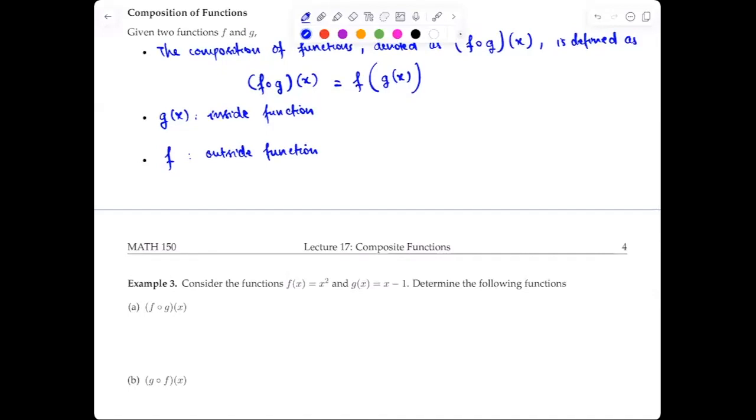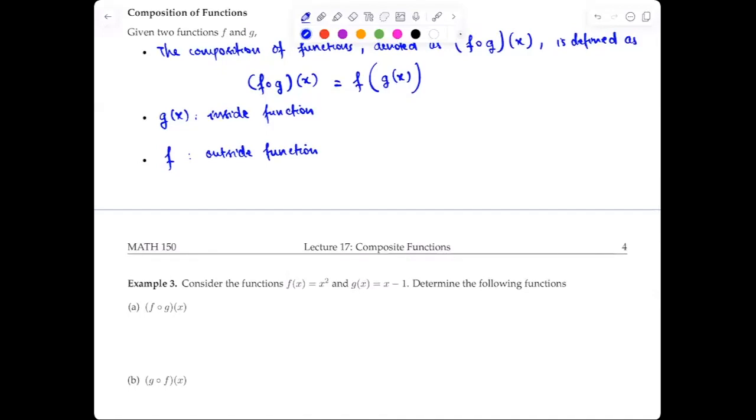This is called the cancellation property, and it requires performing compositions of functions. f of g of x will be equal to x for inverse functions, and g of f of x is going to be equal to x as well.